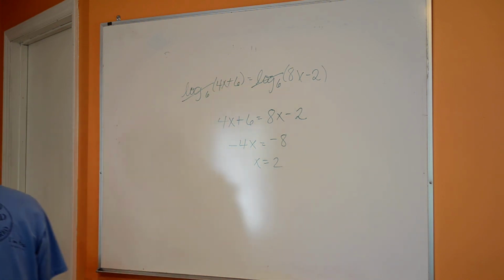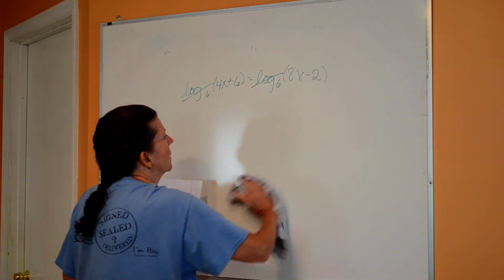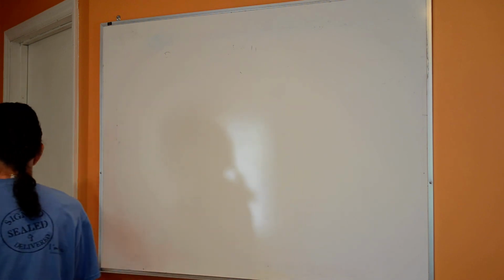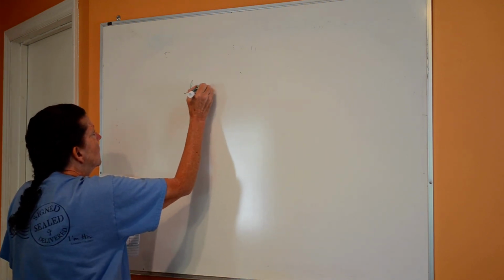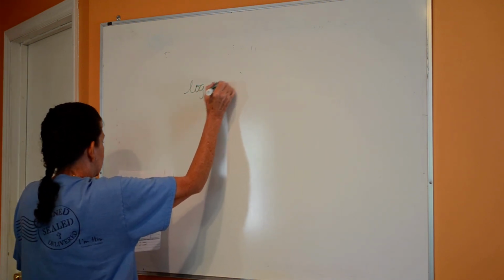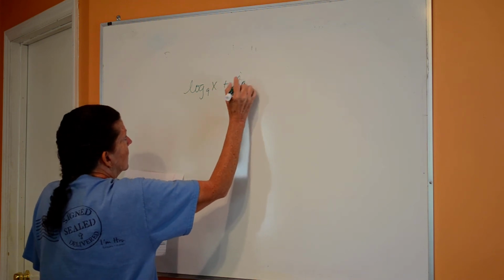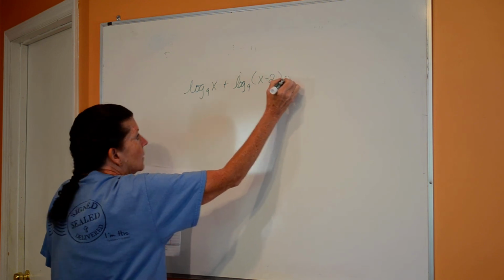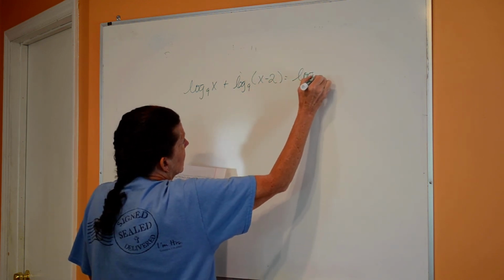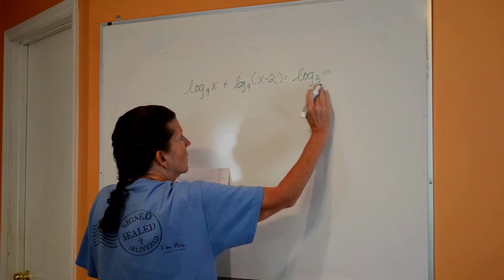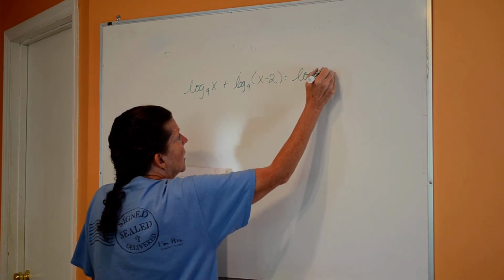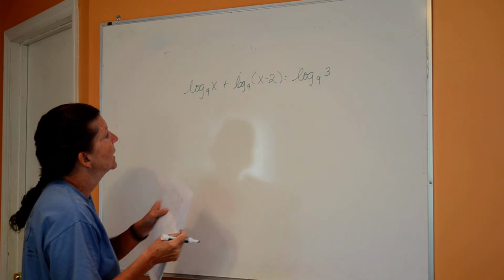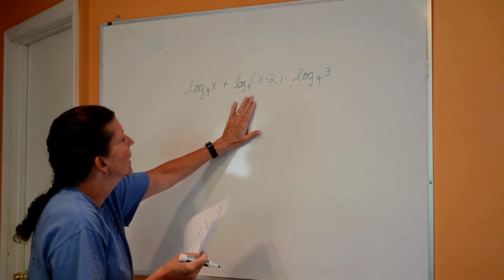All right, let's do another one of those. I don't just have one logarithm on each side. I've got two here, so I've got to see what I can do.